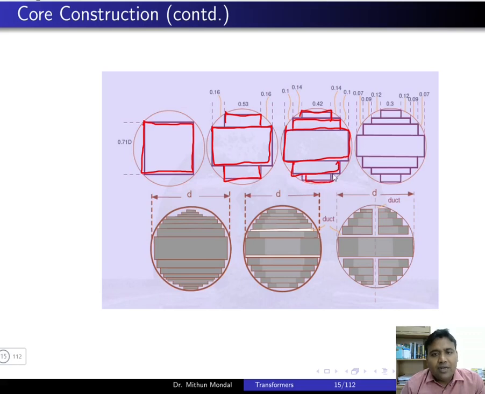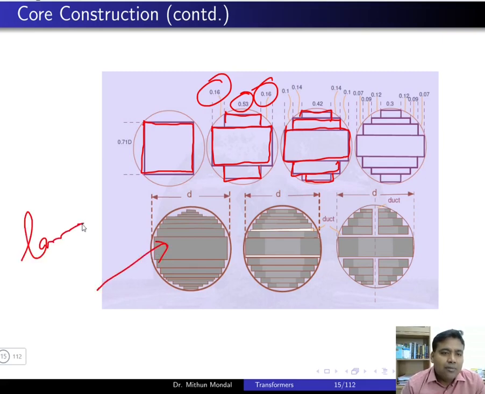So there are different types of cruciform core, what is known as the stepped core, and these designs are being mentioned here. The percentage of the core and the stepping being done is being shown here. So these cores are basically laminated. This laminated core is used so that the eddy current loss is minimized.